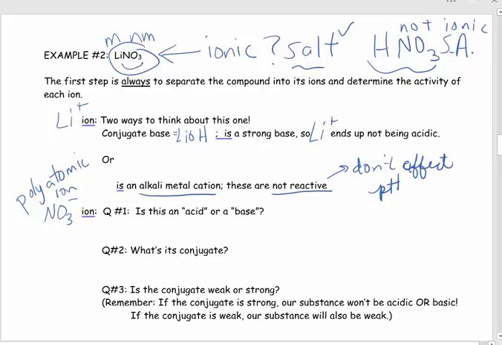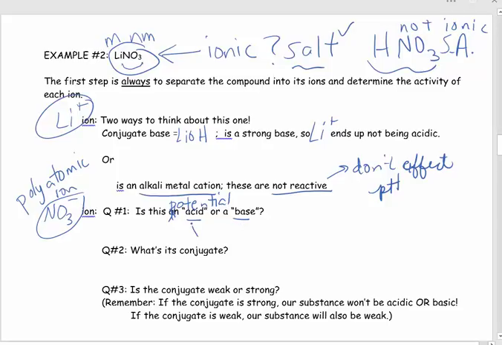Okay, for NO3 minus, the first thing you do, so alkali metals are easy. You just go, oh, alkali metal doesn't do anything, right? But everything else you have to look at. So NO3 minus, is this a potential acid or a potential base? Well, can it be an acid?